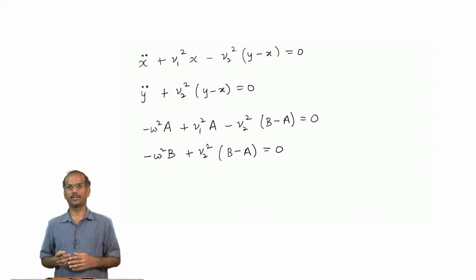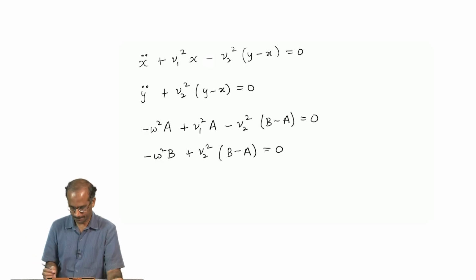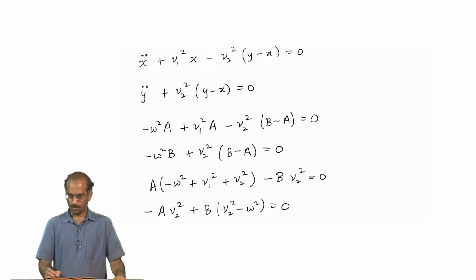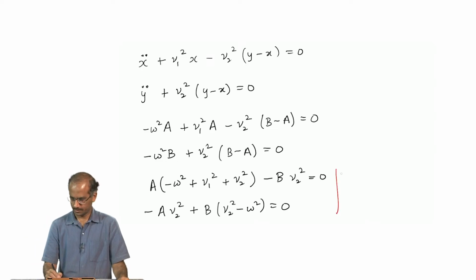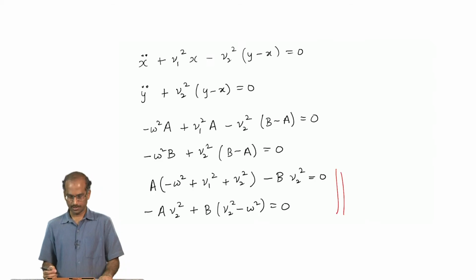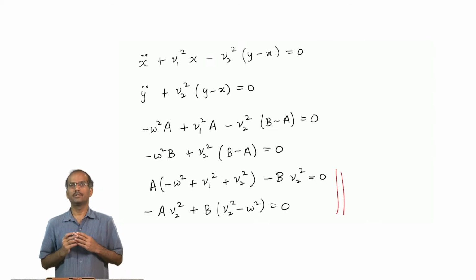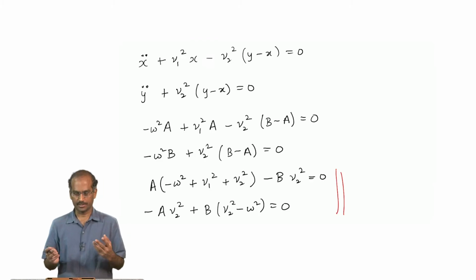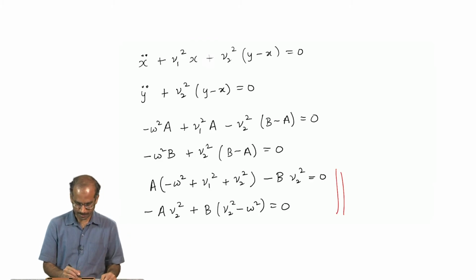Basically, I am going to separate out the terms with a and b. Now, what is relevant for us is these two equations. I am going to write it in matrix vector product form.